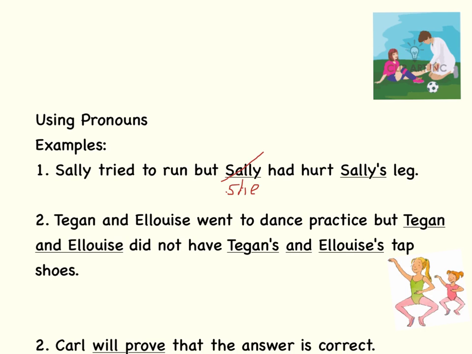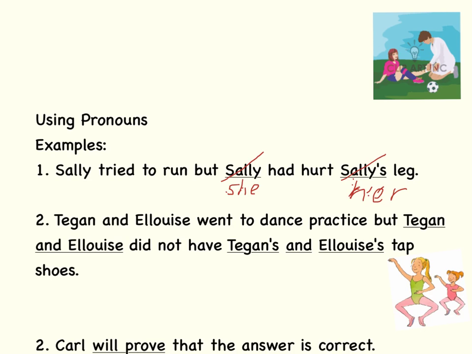So Sally tried to run, but she had hurt her leg. And we're trying desperately to write her and having some great difficulty. So there we are. Now when we read that sentence, number one, Sally tried to run, but she had hurt her leg. Makes much more sense.